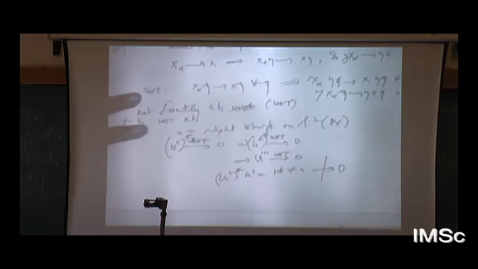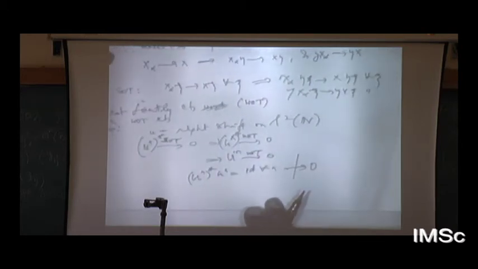So that is what I have proved. For SOT, one must do some more work. How does one see this quickly?